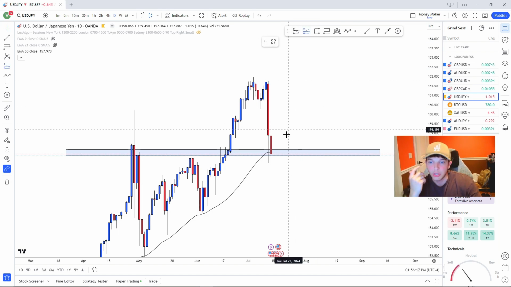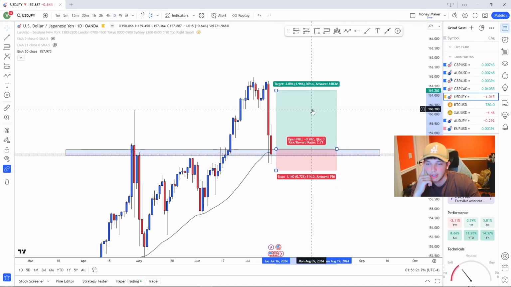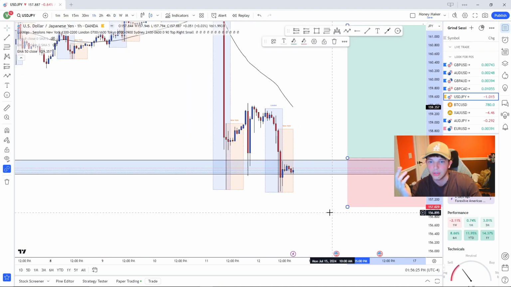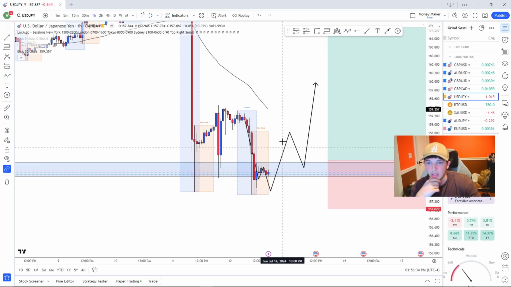So his speech is tomorrow. If we do get into a position, I would like to still see the lower time frame shift of structure on the 1 hour, something like that. We had a very strong push downwards, so we're going to have to see maybe something like this before we even enter, because I want to see a shift of structure on the lower time frame.